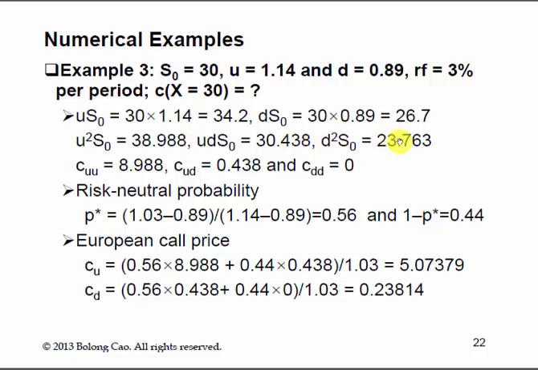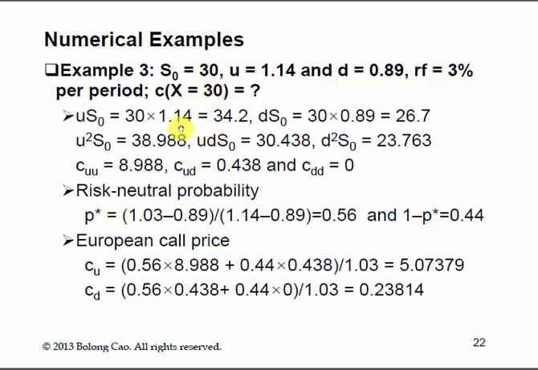So we have three different underlying prices in the three different ending states after two periods: up, up-down, and down. Three different states, three different underlying prices, and three different payoffs.